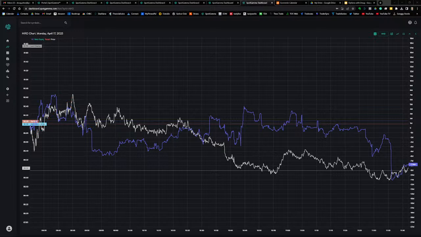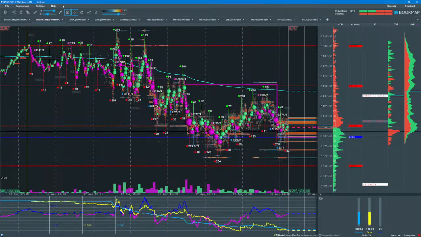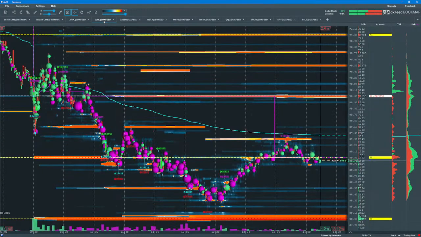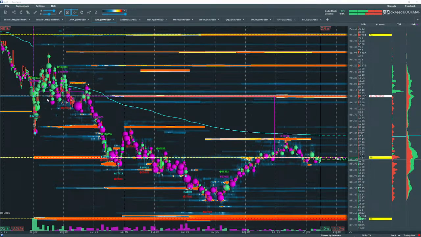Let's go take a look at Bookmap. Go to AMD. And here's the short setup.